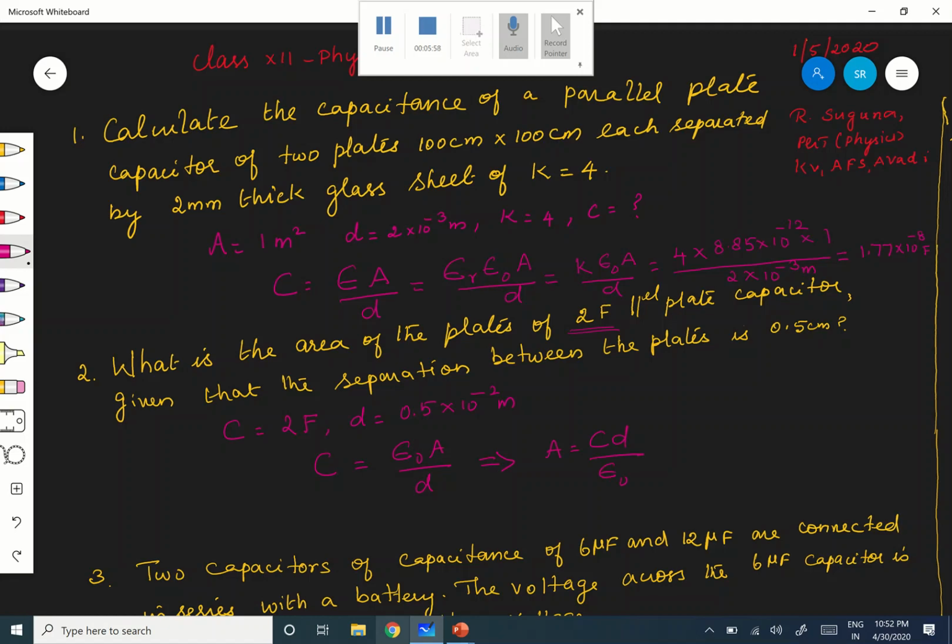Substitute now. C is 2 farad, D is 0.5 into 10 power minus 2, divided by epsilon naught, 8.85 into 10 power minus 12.